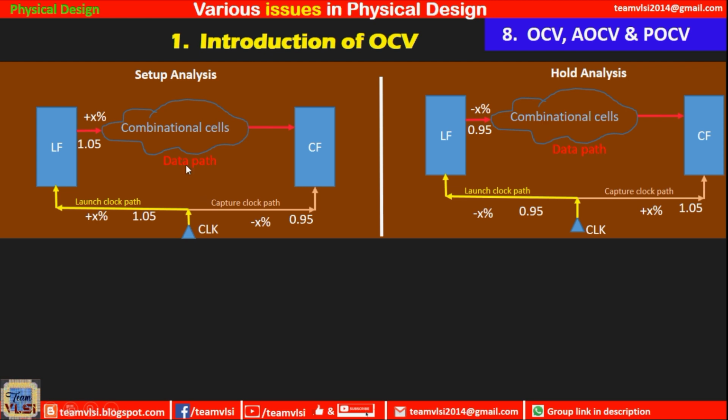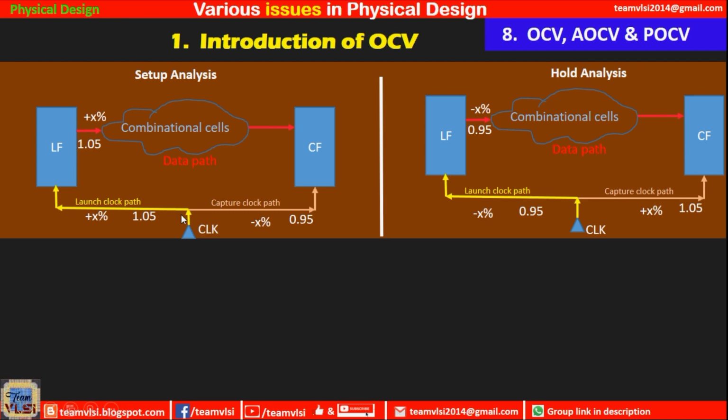In setup and hold timing analysis, there could be different scenarios. For the setup analysis, here the clock is coming, this is the launch flop and this is the capture flop, and the clock goes from the clock pin to the launch flop, and it also goes to the capture flop.